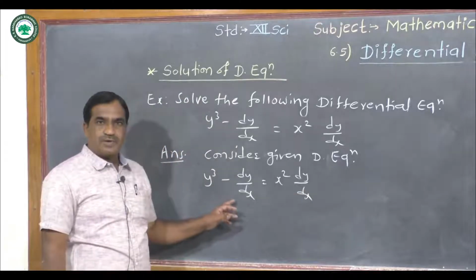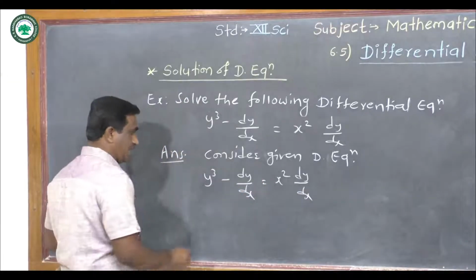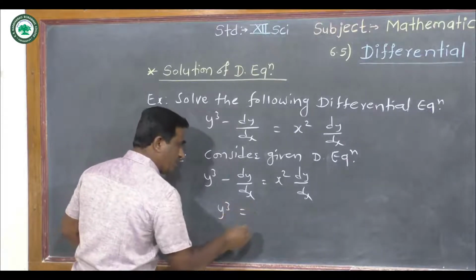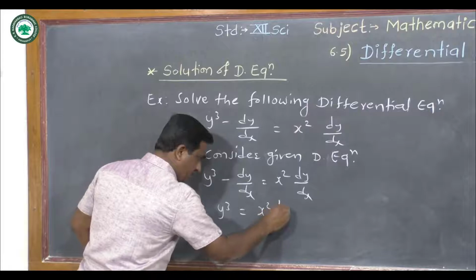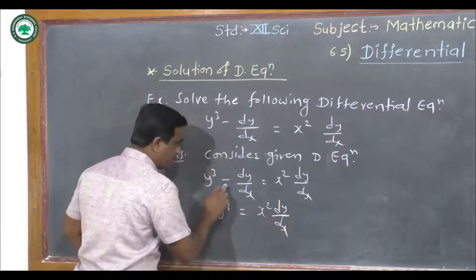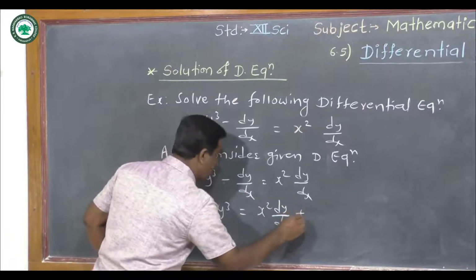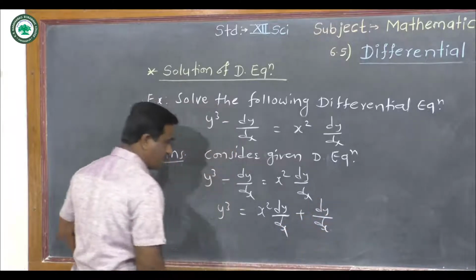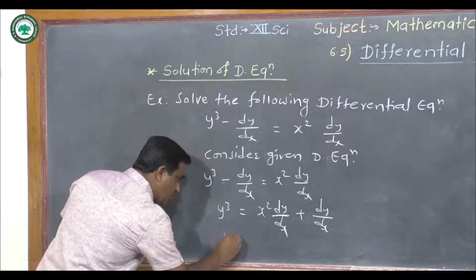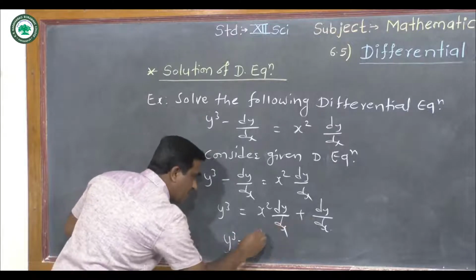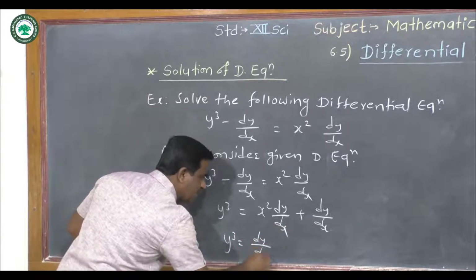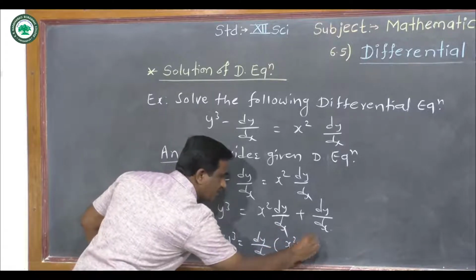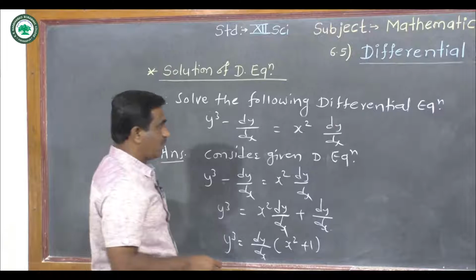Now take the terms of dy by dx together on the RHS, therefore we can write y cube equal to x square into dy by dx, this minus term becomes plus, plus dy by dx. Okay, that is y cube equal to, taking dy by dx common, dy by dx into in bracket x square plus 1.